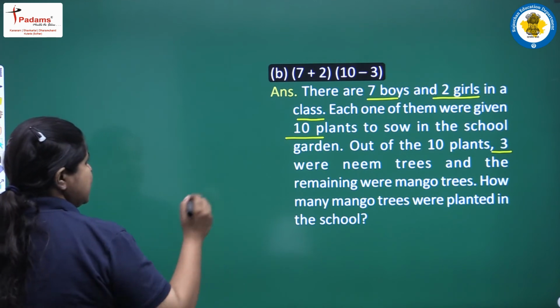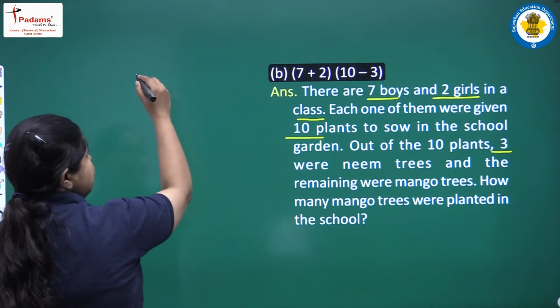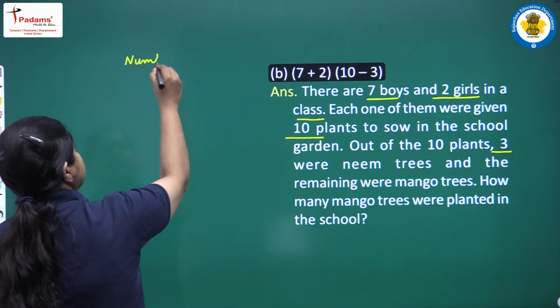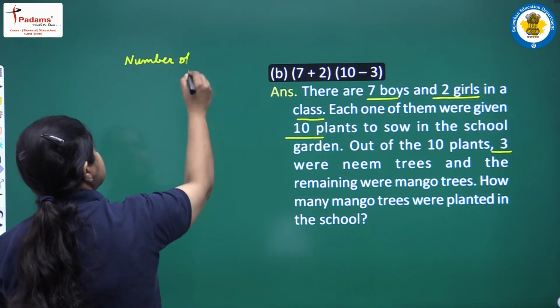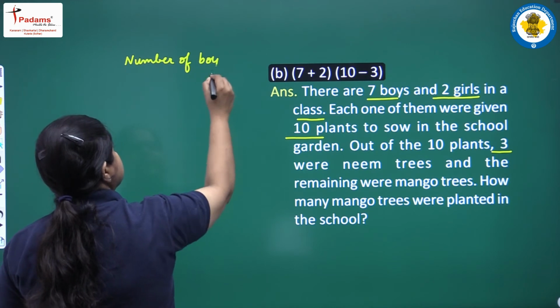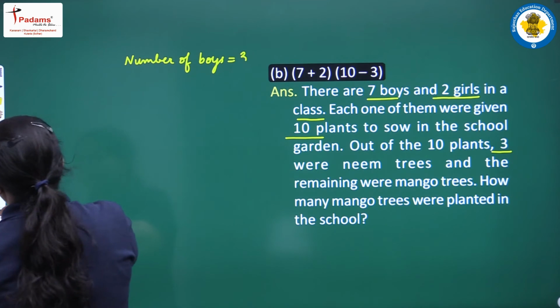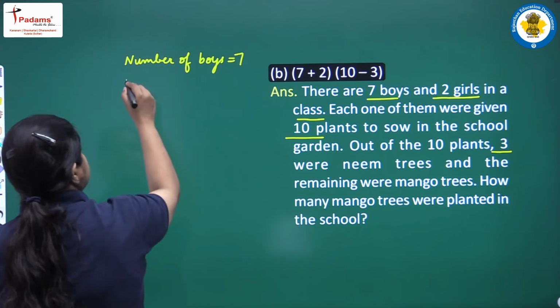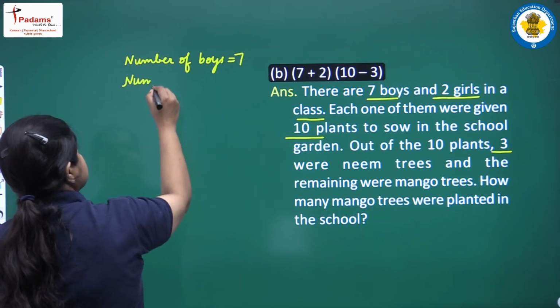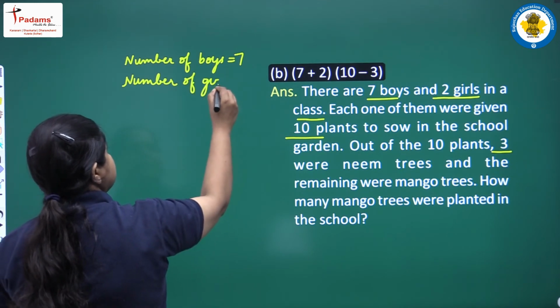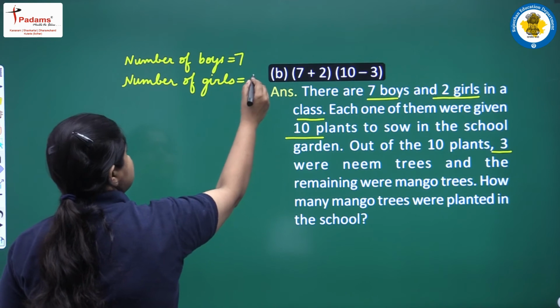So, first of all, let us write the number of boys and girls. Number of boys is given to be 7. Number of girls is given to be 2.